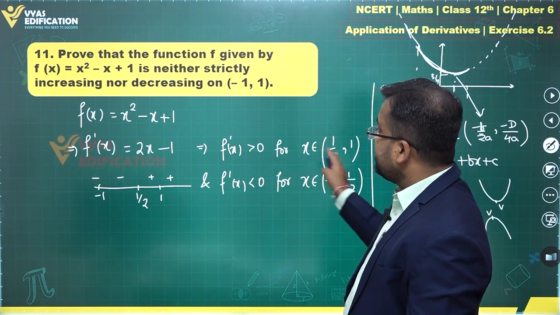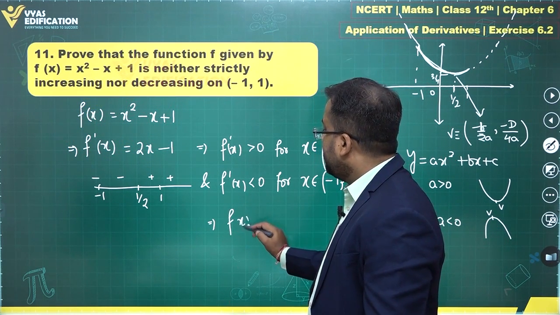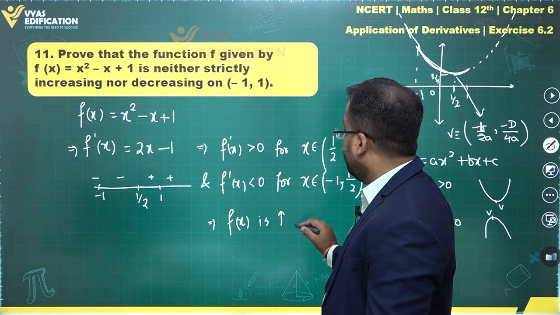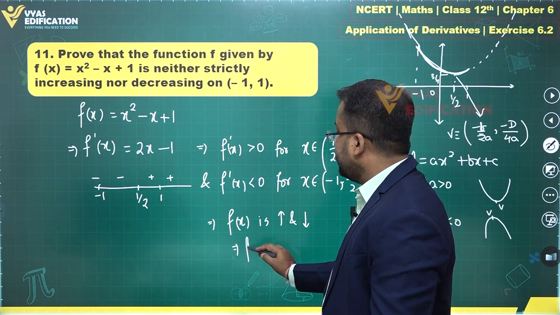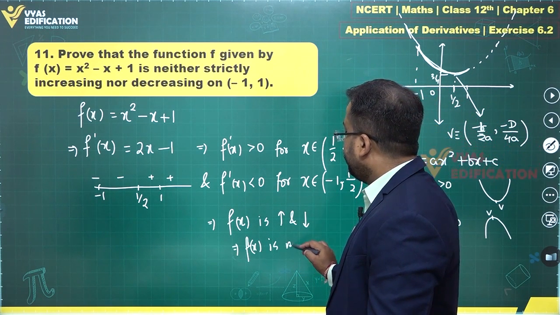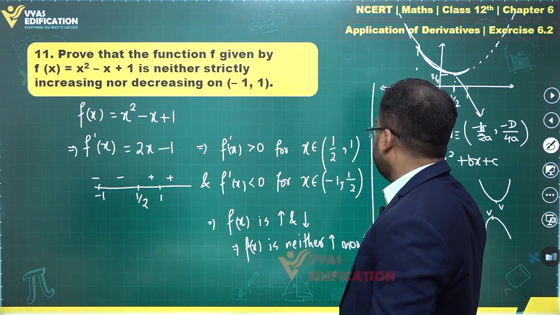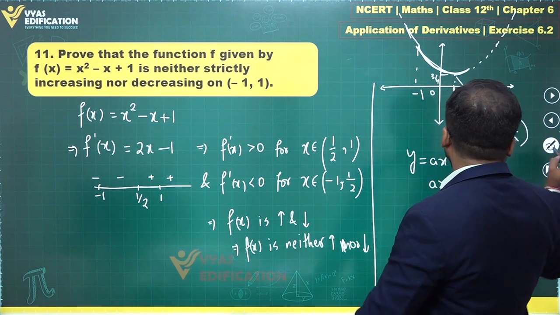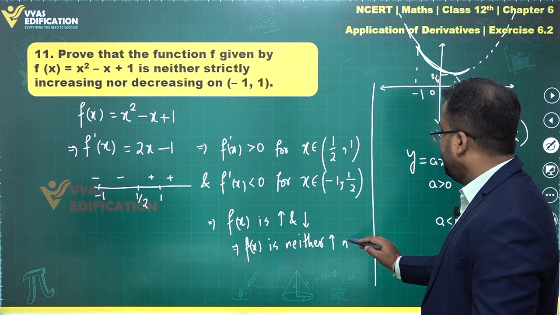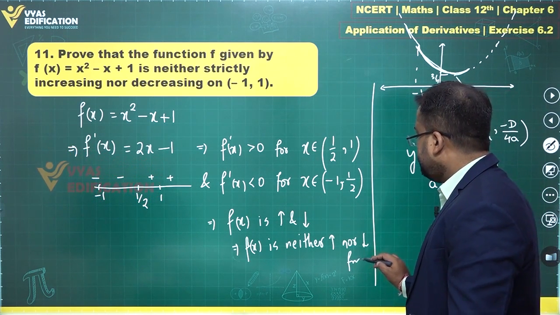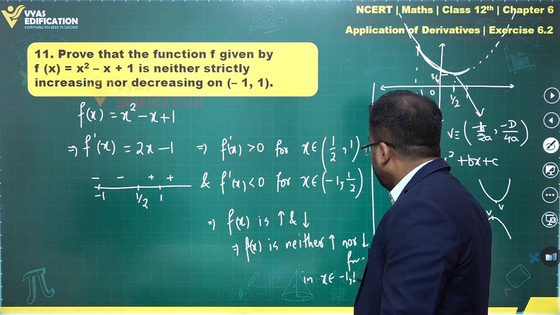This tells me that f prime x is greater than 0 and less than 0 both, which implies f(x) is increasing in some interval and decreasing in some other interval, so f(x) is neither increasing nor decreasing function in the interval minus 1 comma 1, right?